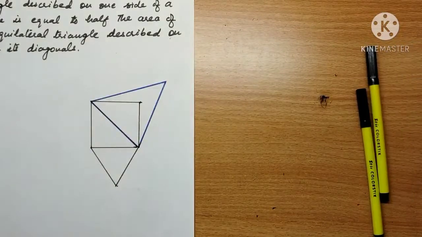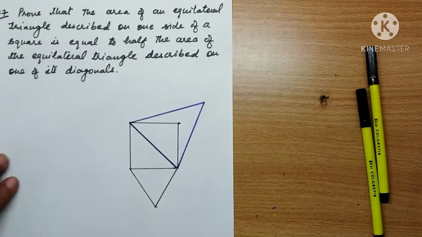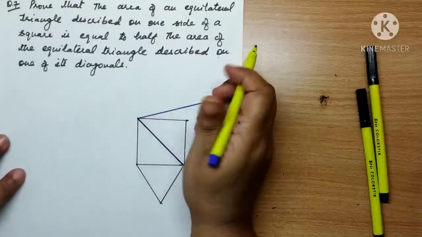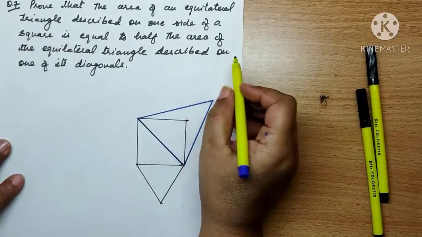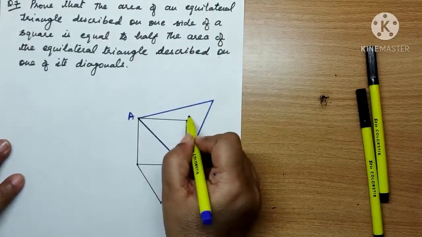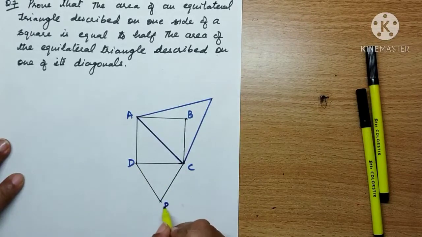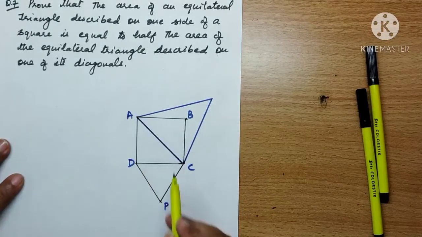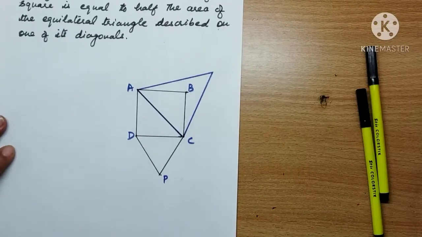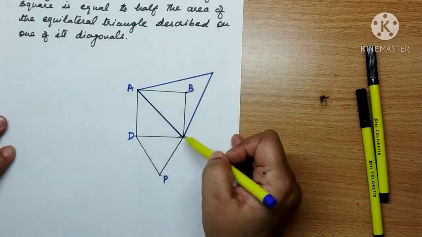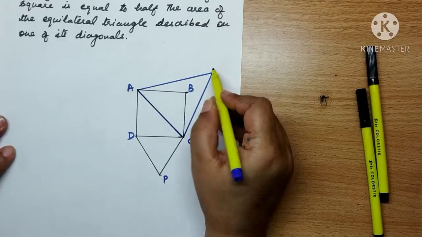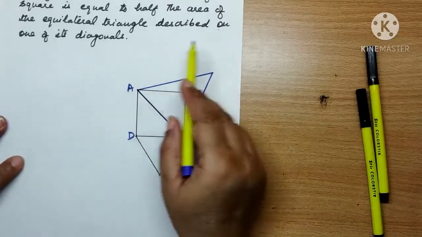Now the 7th question. Question number 7 says, prove that the area of an equilateral triangle described on a side of a square is equal to half the area of an equilateral triangle described on one of its diagonals.